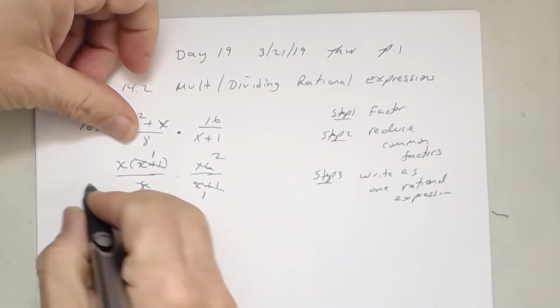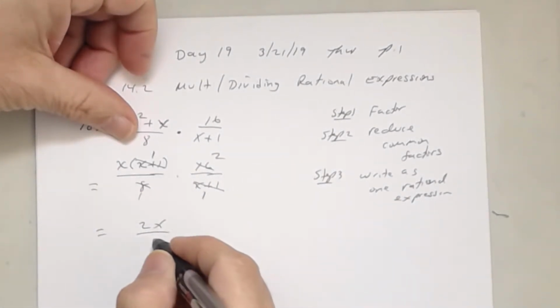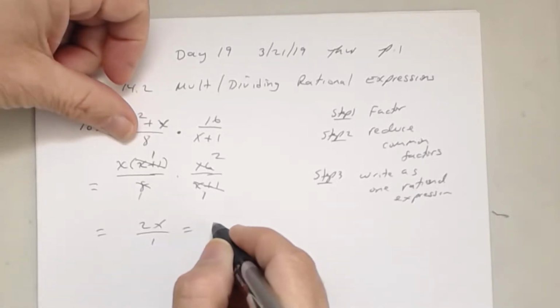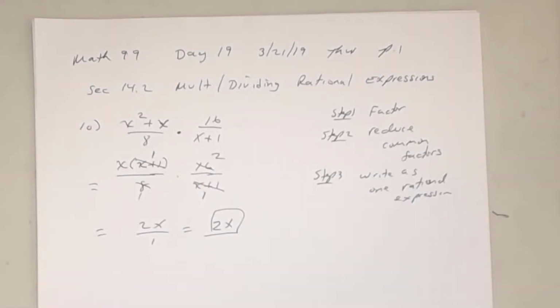What's that? 2x. In the denominator, that's 1 times 1, which is 1. But don't leave it like that, because we know that 2x divided by 1 is 2x. So there's your answer. Step 1 is to factor, step 2 is to reduce your common factors, and step 3 is to do the product and write it as one fraction. All right, that was 10.